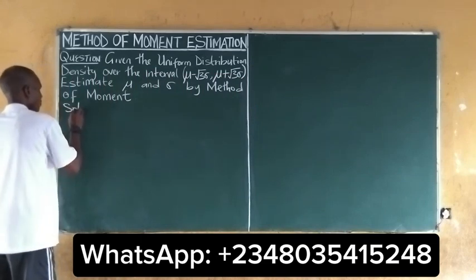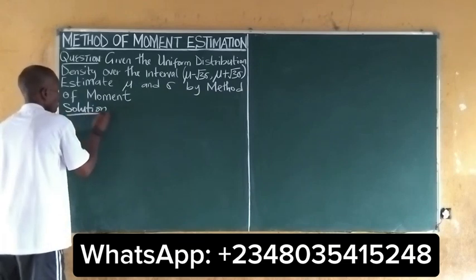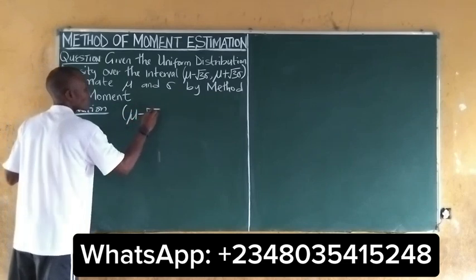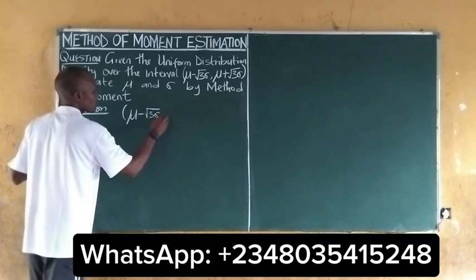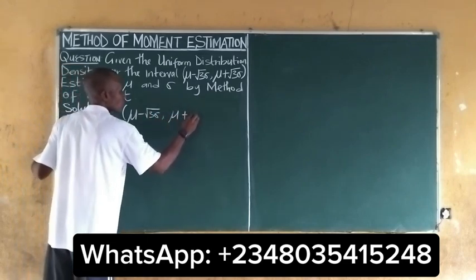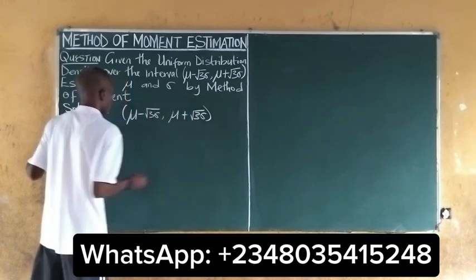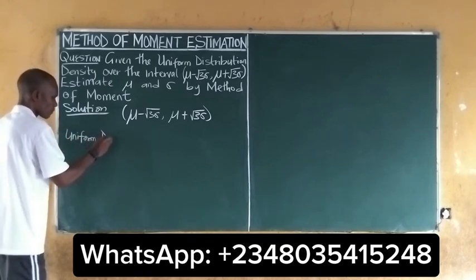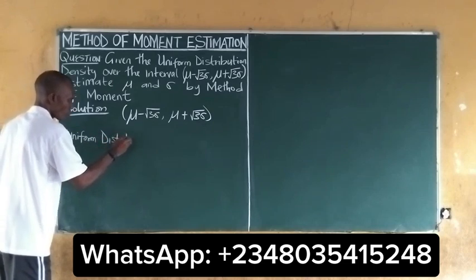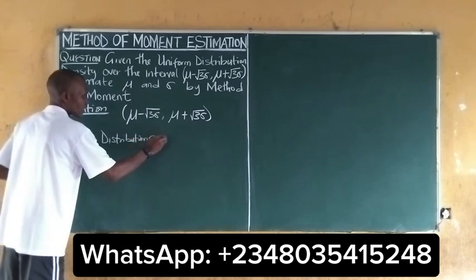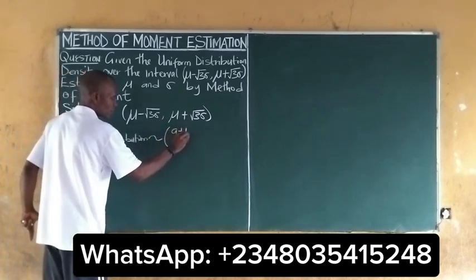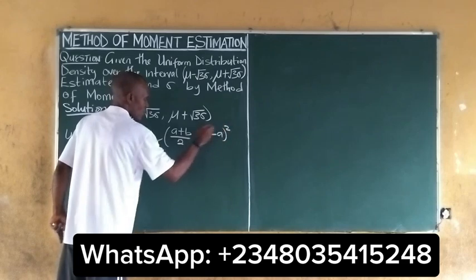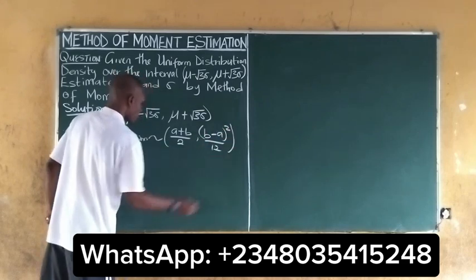Solution. Our interval given is mu minus square root of 3 sigma and mu plus square root of 3 sigma. And we should note that for the uniform distribution, it has a mean of a plus b all over 2 and b minus a all squared all over 12 as the variance.